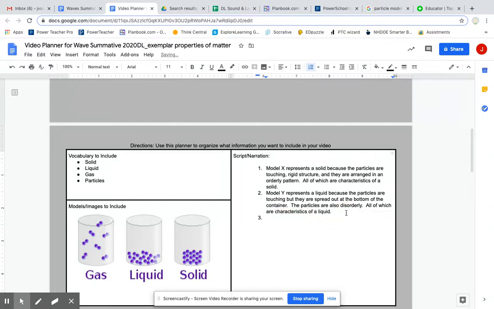Okay. Third thing I'd like to say is the third model. The third model would represent a gas.